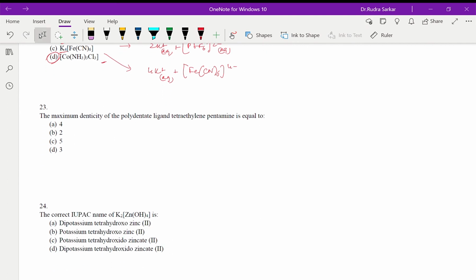Maximum denticity of the polydentate ligand tetraethylene pentamine is equal to? What is the structure of tetraethylene pentamine?